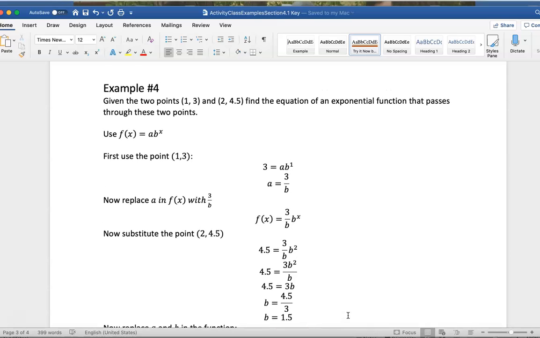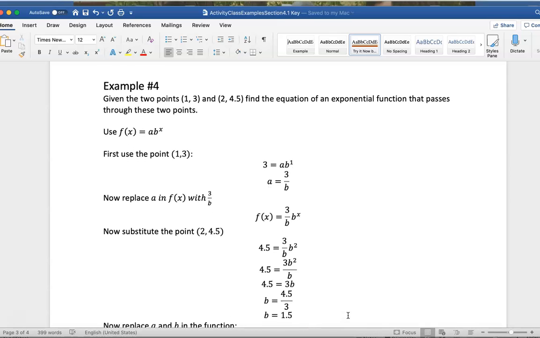Example 4. It says, given the 2 points, (1, 3) and (2, 4.5), find the equation of the exponential function that passes through these 2 points. Okay, we're going to use f of x equals a b to the x. Use the first point. This is x, this is f of x. Plug it in. So we get 3 is equal to a b to the first.